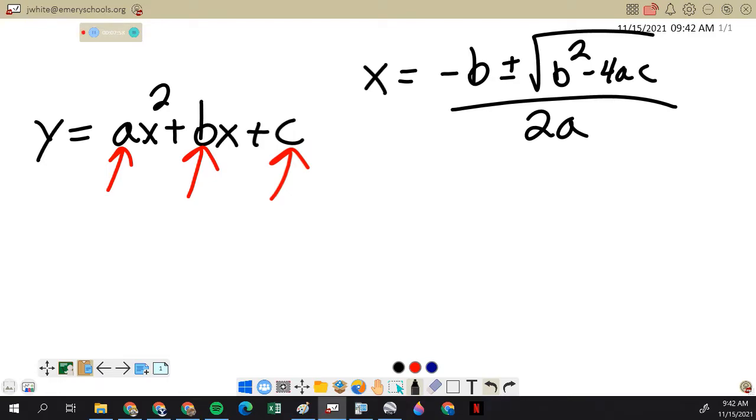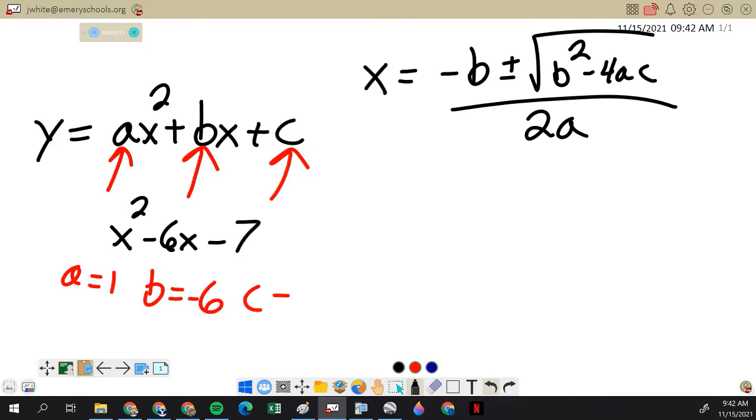If I take the original equation, x squared minus 6x minus 7, in this case, a is 1, b is negative 6, and c is negative 7. So this formula will do all of the work for me to figure out where this graph crosses the x-axis.